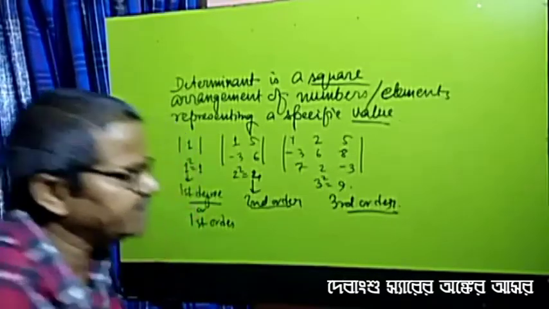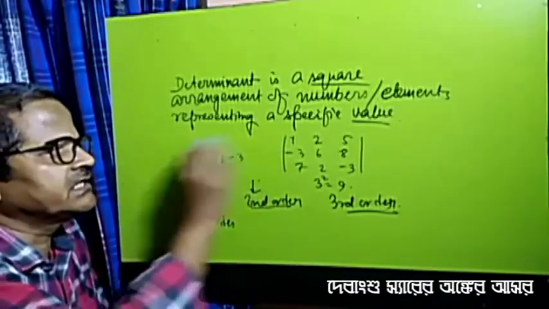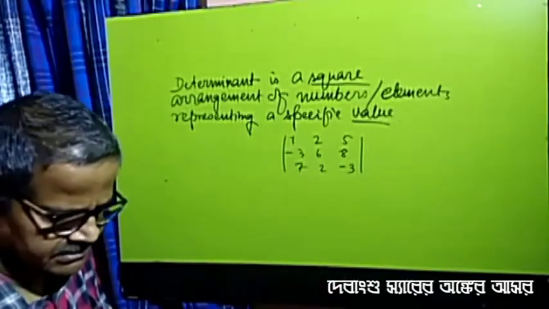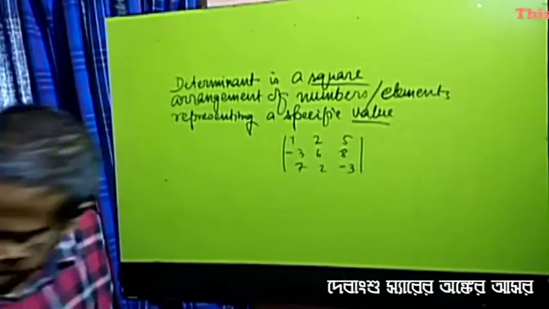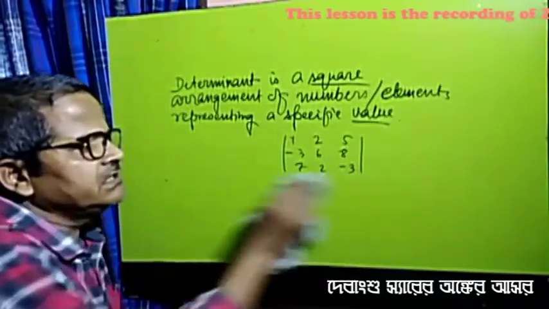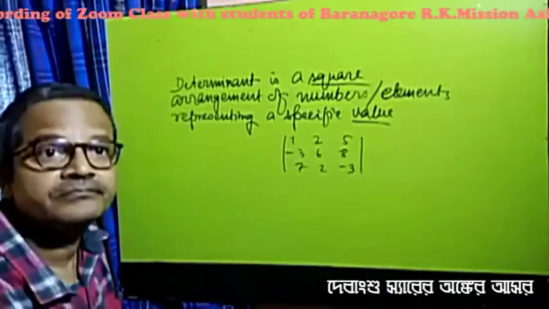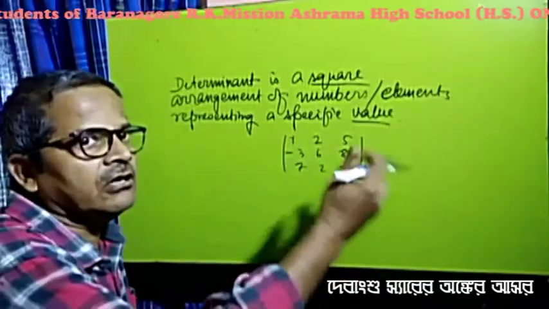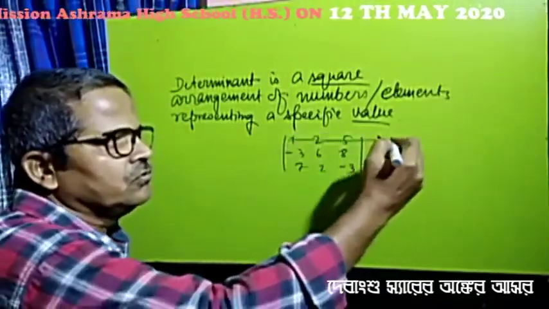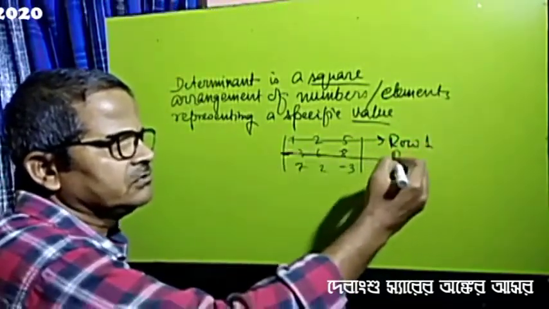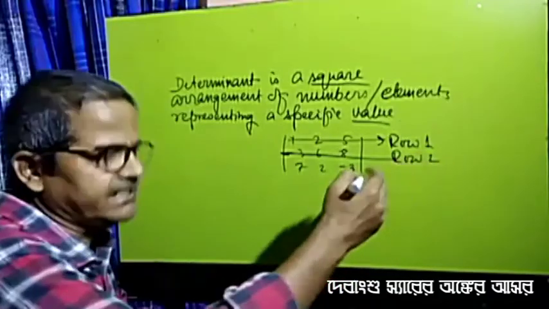So in a determinant, say we consider a third order determinant. Let this be our determinant in consideration. Now see, in this case, it has 3 square elements. And these are called rows. Row 1, this is called row 2 or second row.